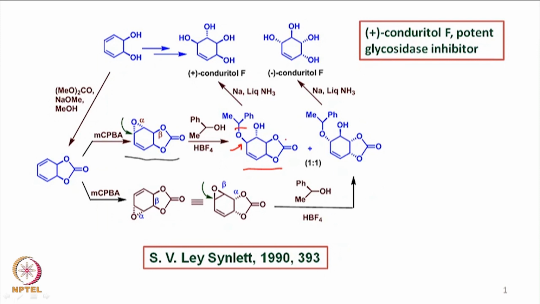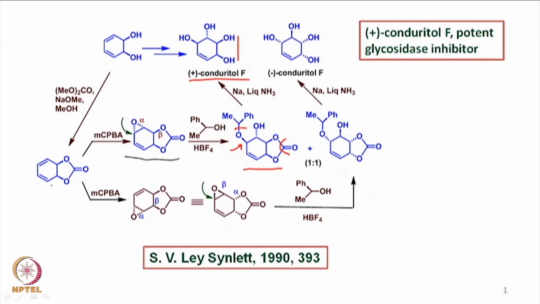And when we carry out the basic hydrolysis of this carbonate, then these two hydroxy groups are released, having the beta orientation here. Now this translates to the formation of the stereochemistry of the four contiguous hydroxy groups, similar to the naturally occurring plus conduritol F.